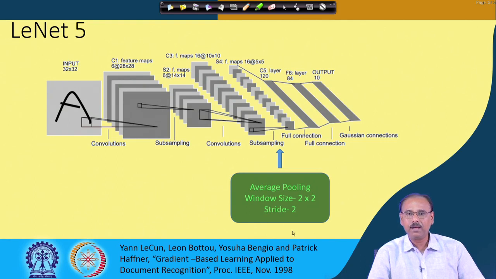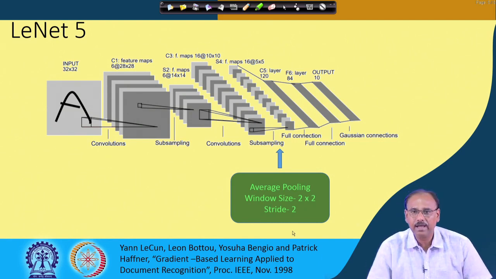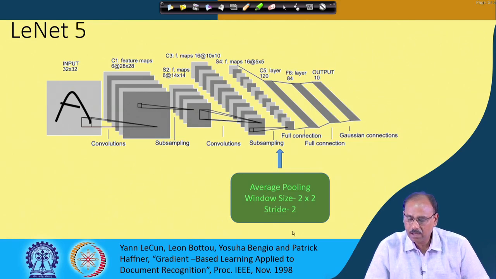And then what we have is some fully connected network, or fully connected layers. As we said, the purpose of such fully connected layers is to classify the input data or to recognize the input data that you have. So we have 3 such fully connected layers.